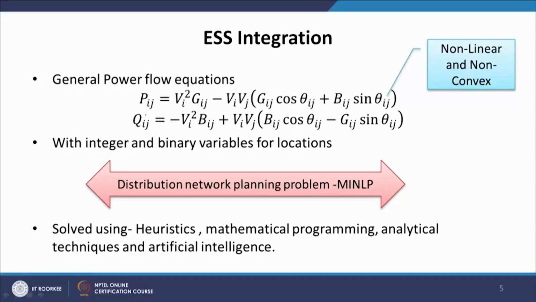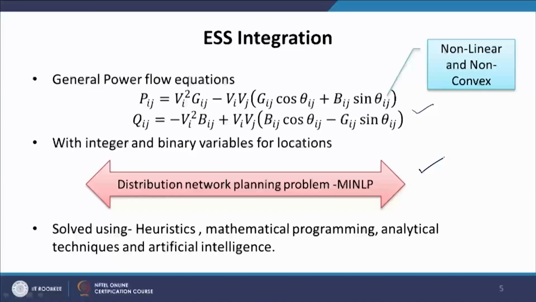So, the general power flow equations are given by Pij and Qij, which are the real and reactive power flow between bus i and j, which is known to me, but with integer and binary variables for locations, because of the battery the problem becomes a distribution network planning problem and it becomes an MINLP, a mixed integer nonlinear program.